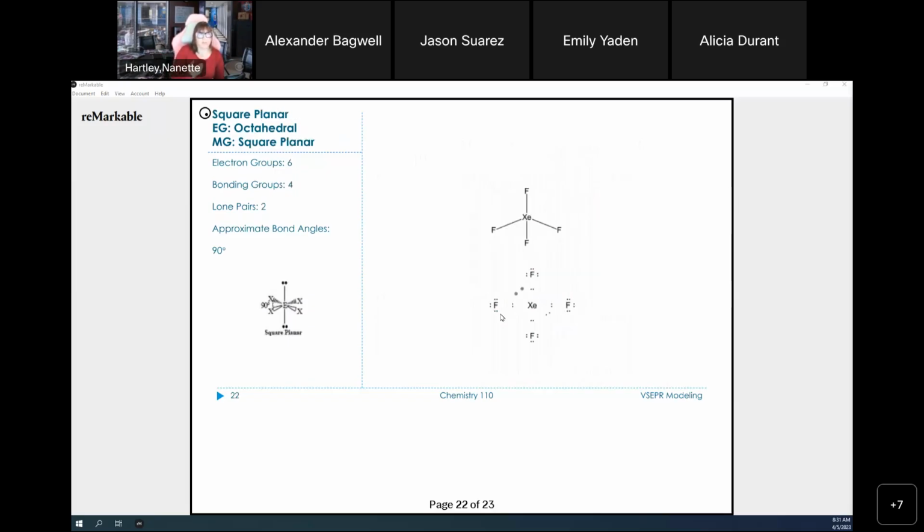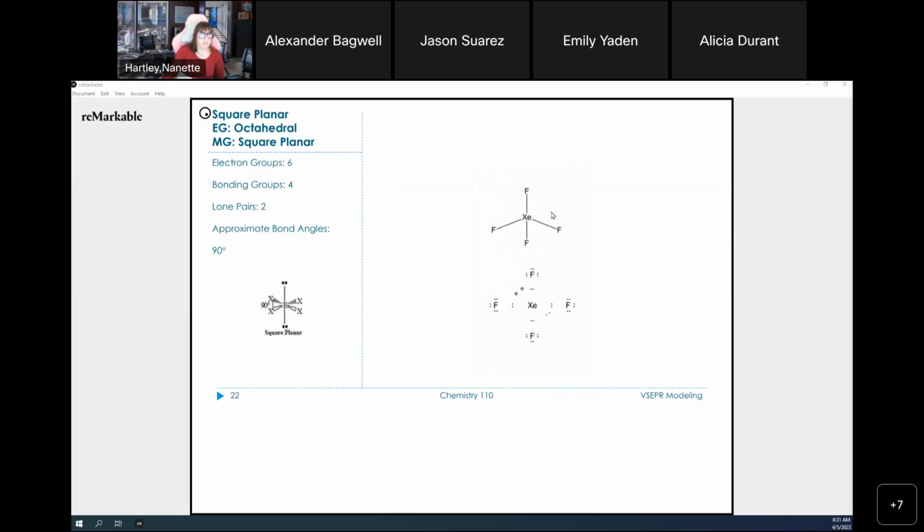The next one that we talk about, we still have our electron geometry as octahedral, so 6 as our base. But now we have 4 bonding groups and 2 lone pairs. When we do that, we have our lone pairs up and down. That means that the 4 that are left are all in this plane. Okay. Now, on paper, it's very easy to see that this looks like a tetrahedron, but it's not. It's absolutely not. So we call this square planar. Okay.